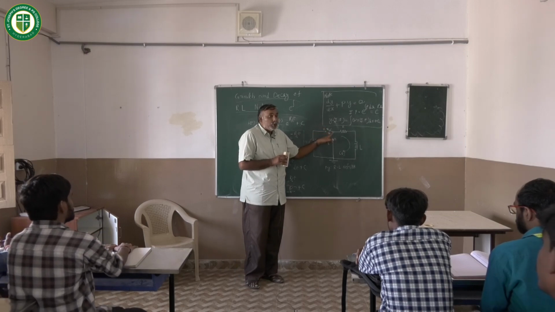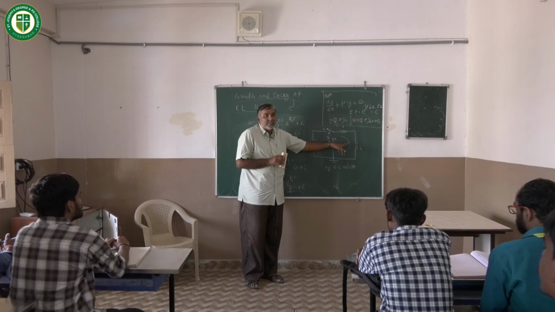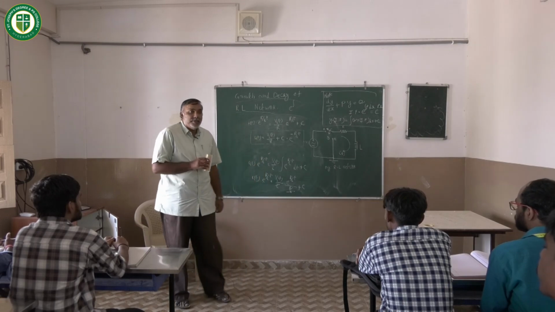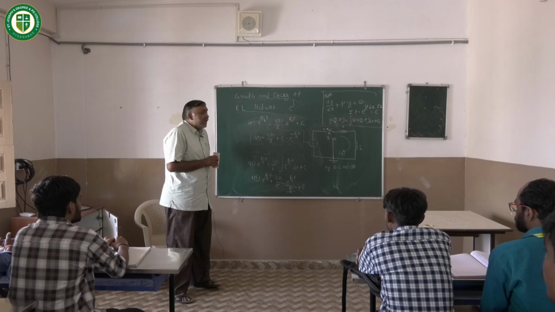When the switch is thrown to position B, the inductor is allowed to discharge. The charging time period and the discharging time period can be determined by deriving an expression.